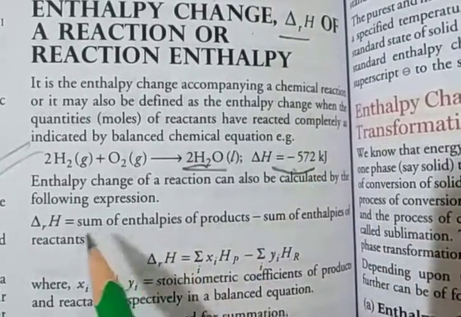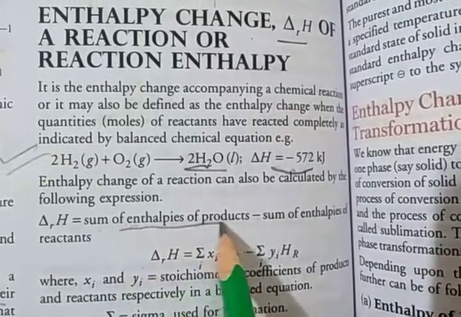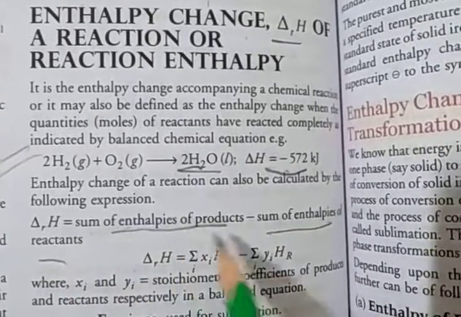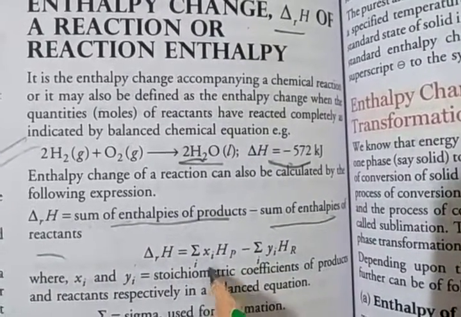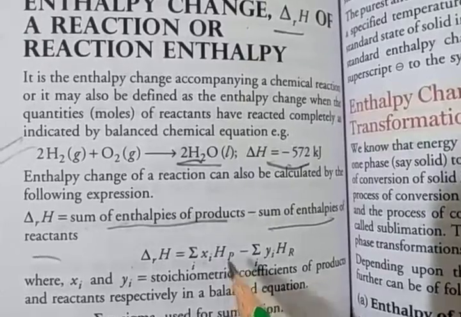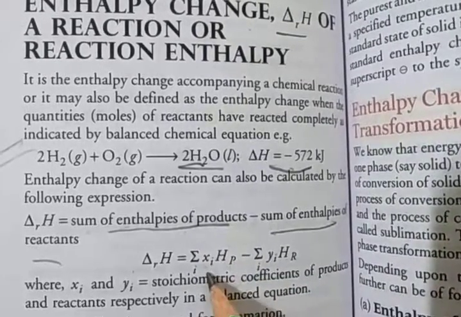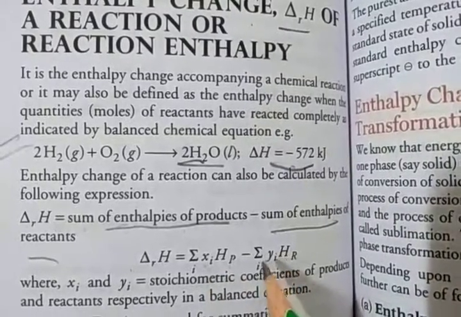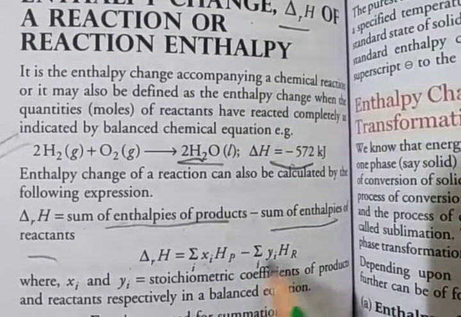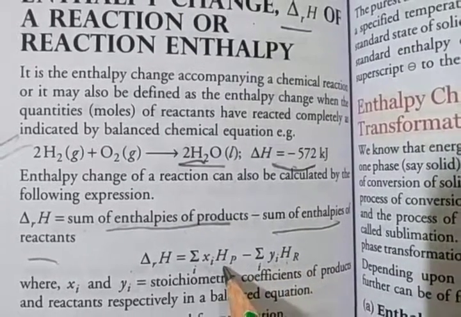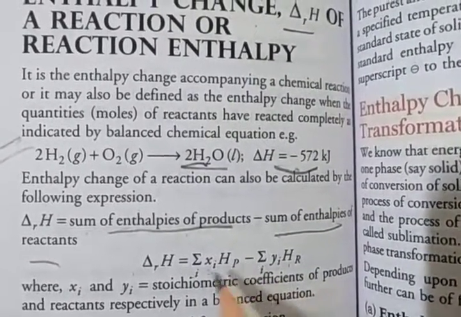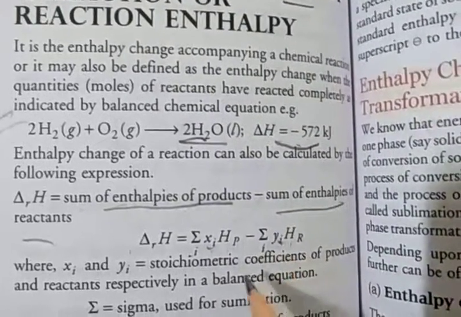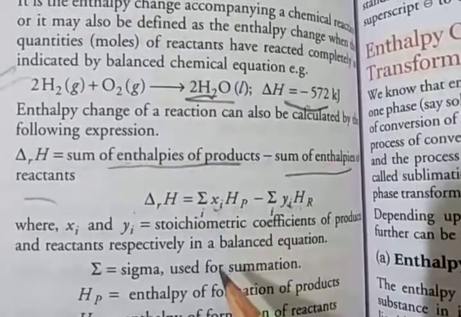Delta rH is the sum of the enthalpies of the products minus the sum of the enthalpies of the reactants. The sum for products is the summation of xi HP, and for reactants the summation of yi HR, where xi and yi are the stoichiometric coefficients of products and reactants.